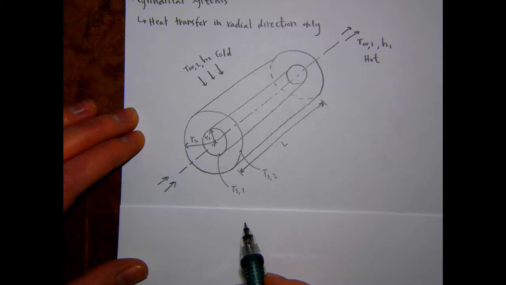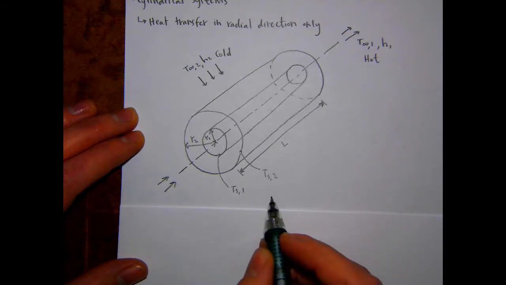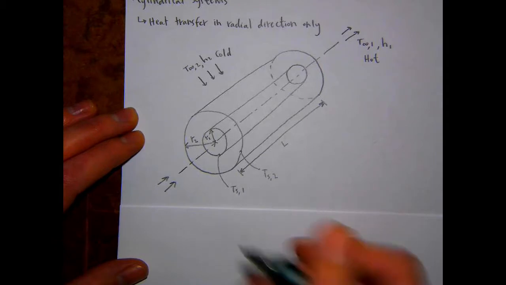And we've done a lot of example problems applying that to Cartesian coordinate systems, applying boundary conditions, solving for the temperature distribution, taking the derivative, and then solving Fourier's law for the heat transfer rate. So now we're going to apply that to this problem. We've got a cylindrical system.